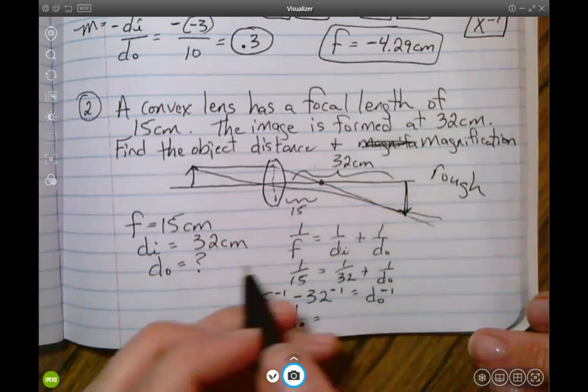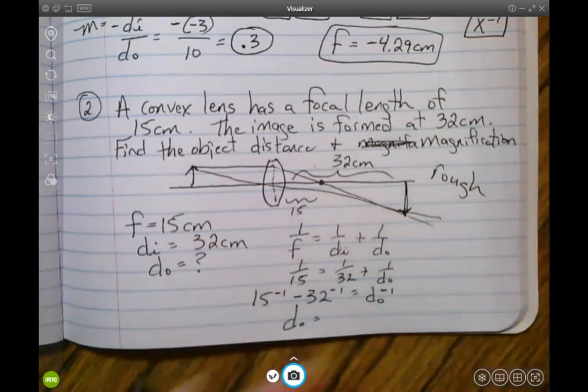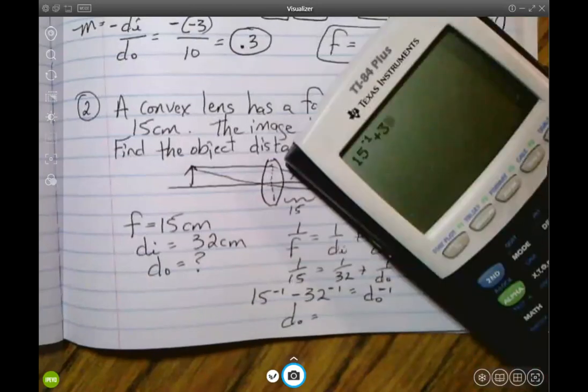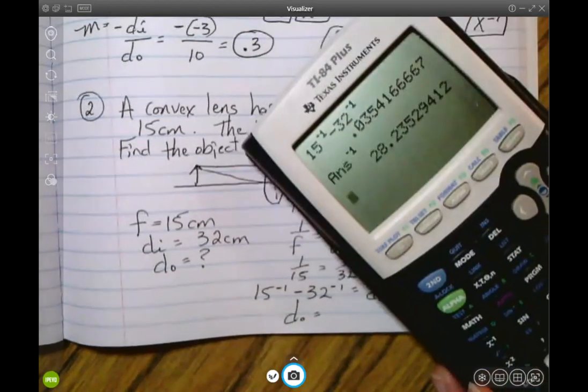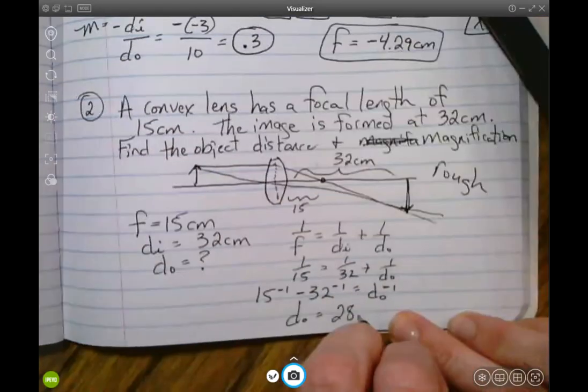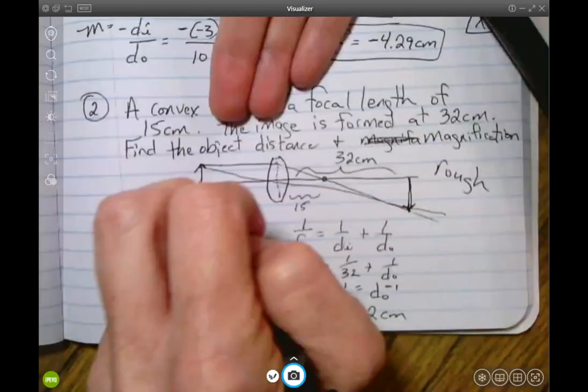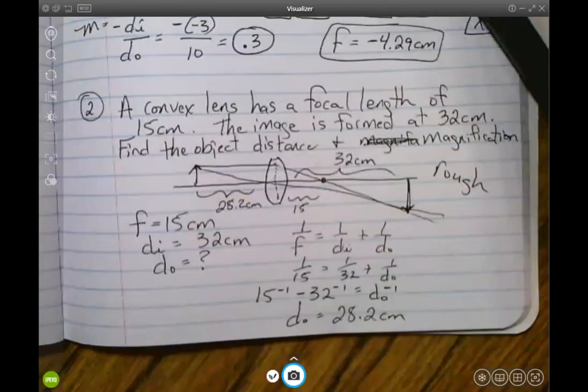I am getting, if I put this in my calculator, 15 to the negative 1 minus 32 to the negative 1, then negative 1 of that, 28.2 centimeters. So in other words, this is 28.2 centimeters. Okay, that makes sense.